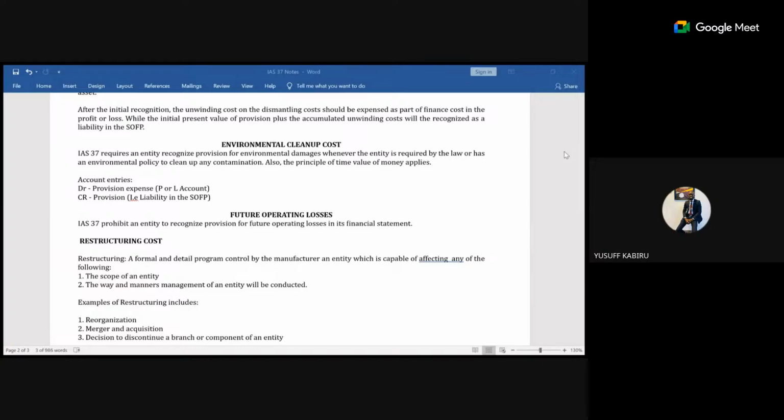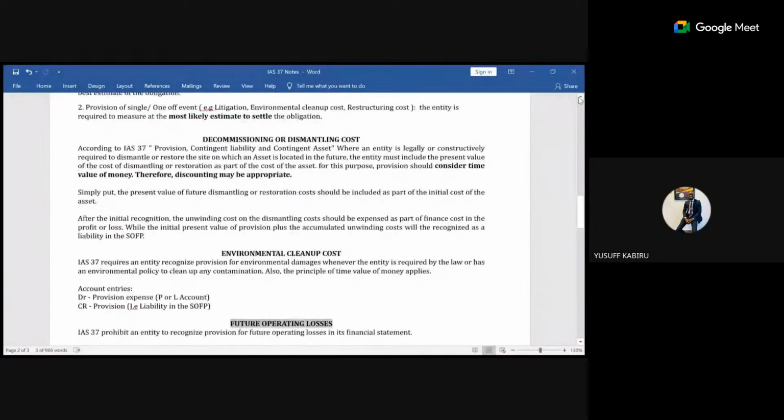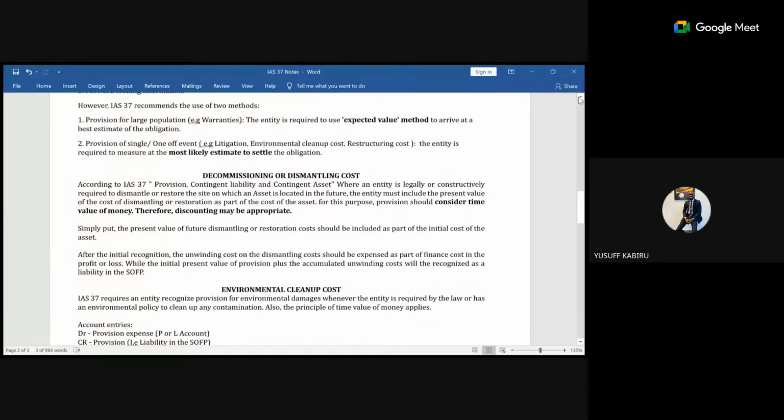If my plan is that unwinding cost. Okay, unwinding cost. So let me quickly explain this unwinding cost before we move on. Someone says I'm too fast. I don't have a choice, so we have to finish it up. So now, unwinding cost.